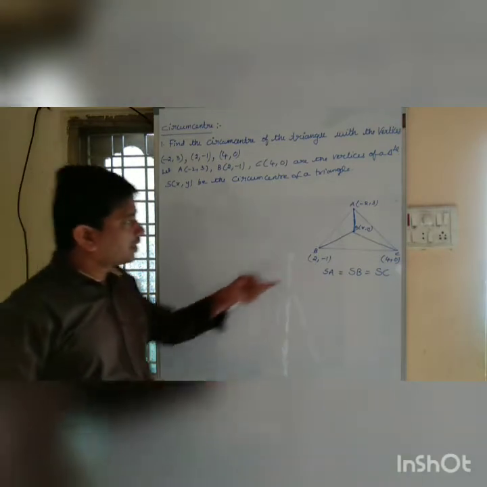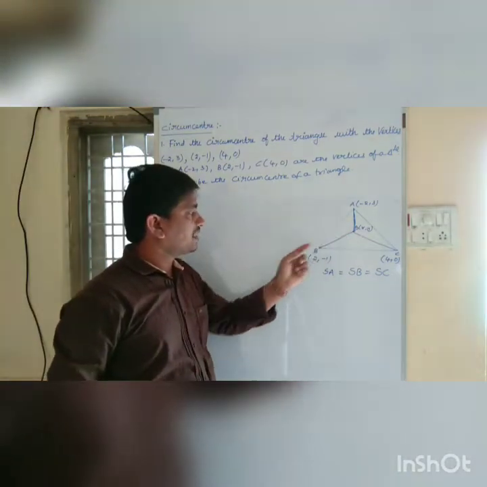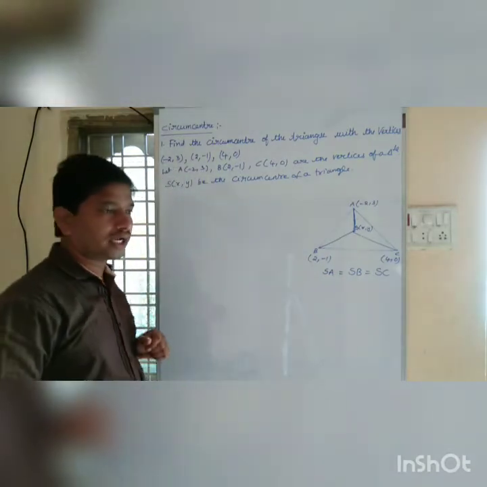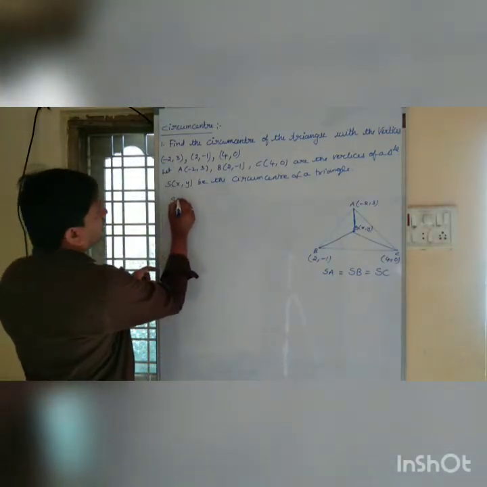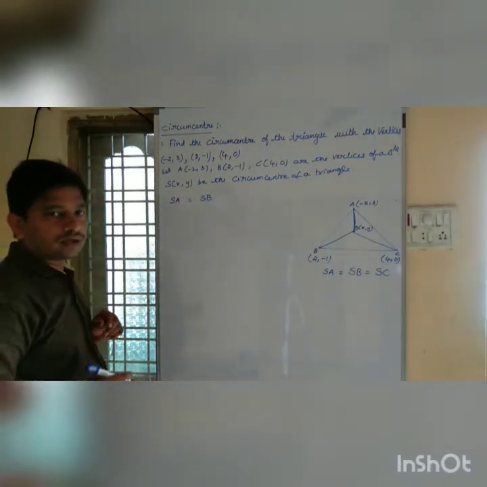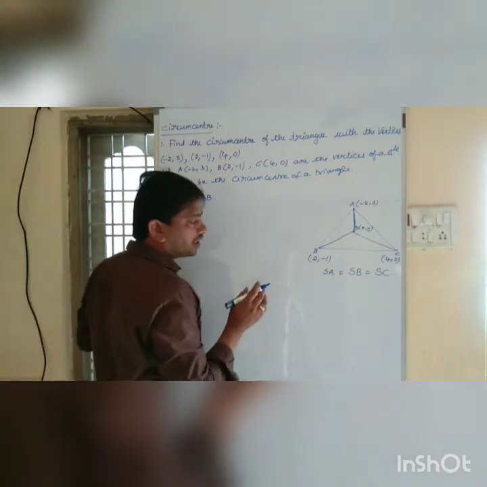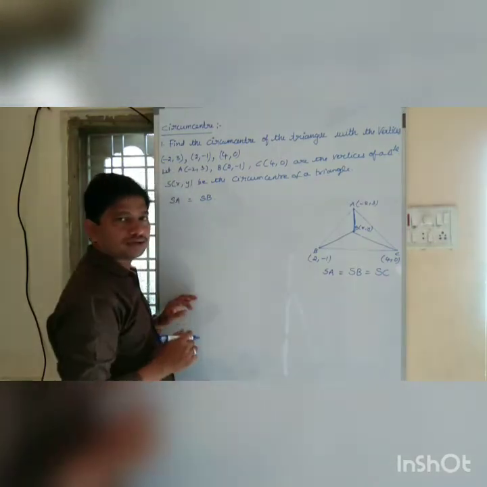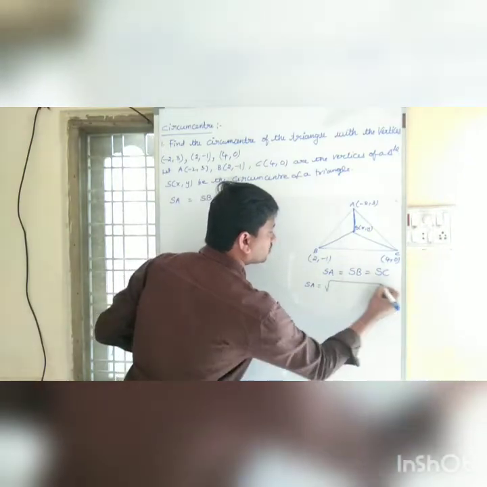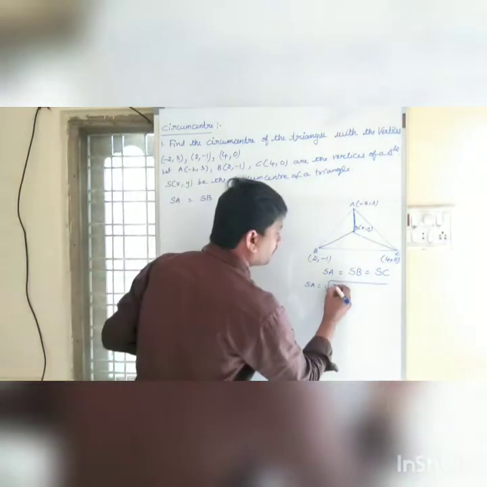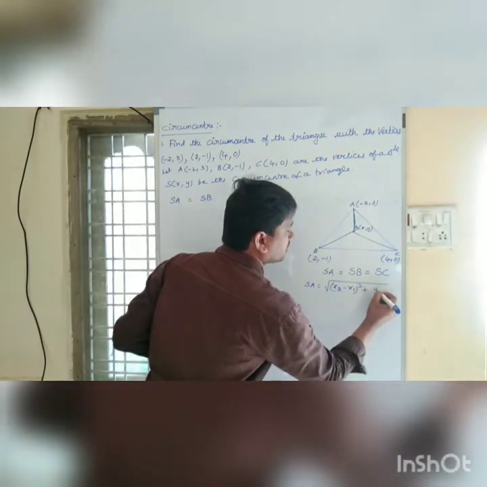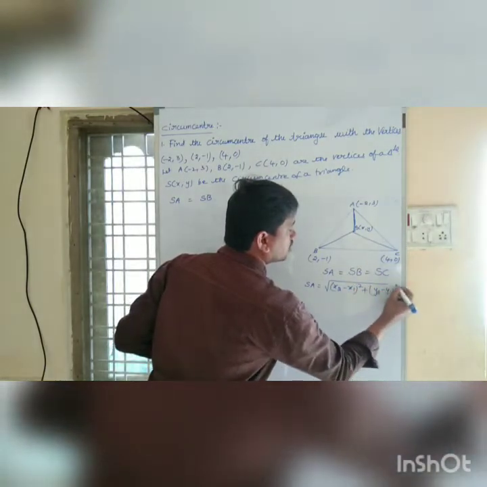As we know that the distance between S and A, the distance between S and B, the distance between S and C are the same. Okay, so that is SA equal to SB. We know the formula for the distance between two points, that is, the distance between S and A is equal to square root of x2 minus x1 whole square plus y2 minus y1 whole square.